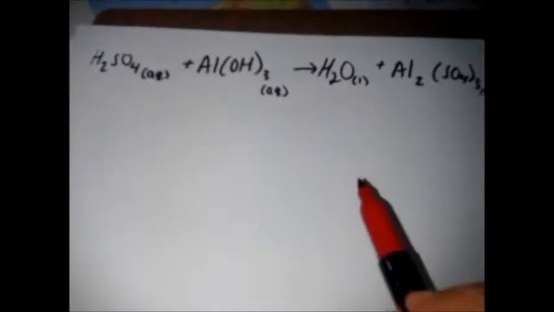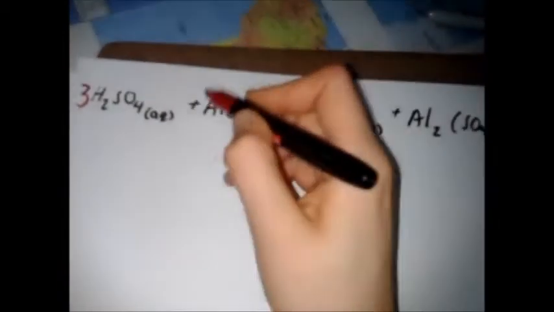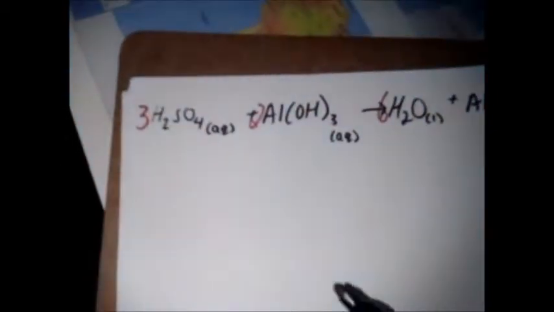Now, in our molecular equation, we realize that this is not balanced. To balance this, we would just add a 6 over here, a 3, a 2, and there we go. It looks fine to me. So now we can move on to our complete ionic. This is our molecular equation.